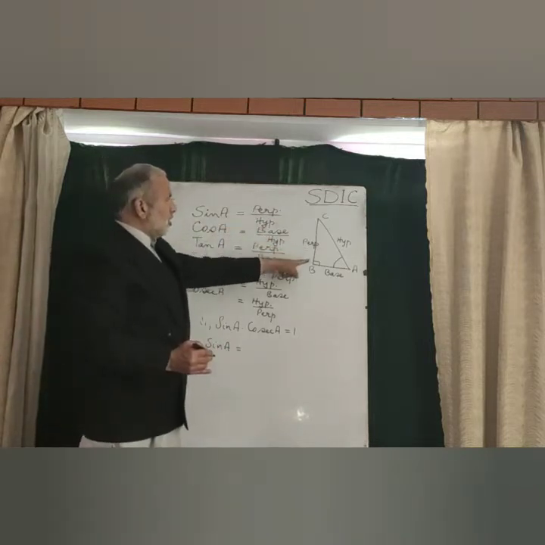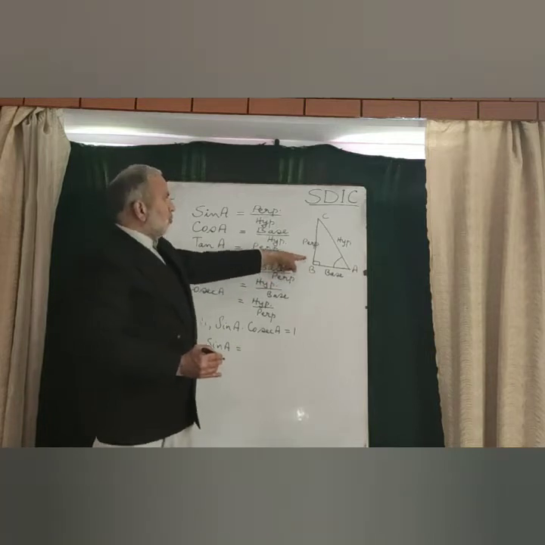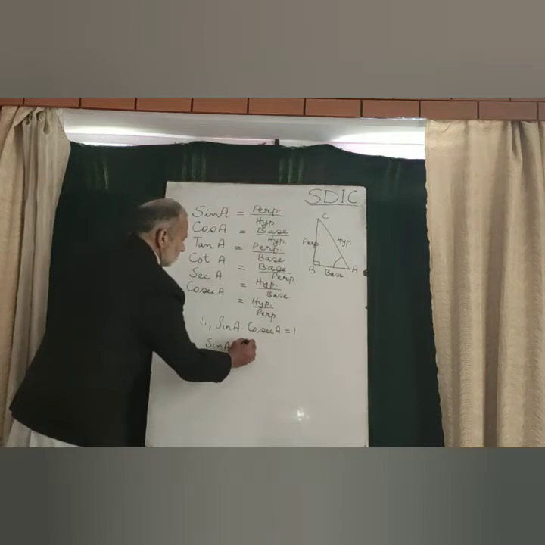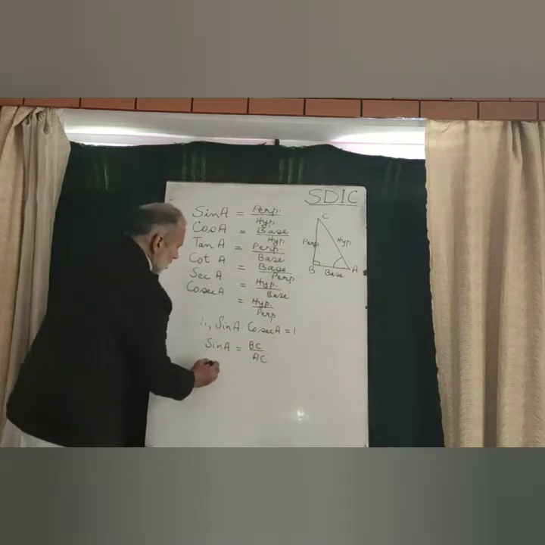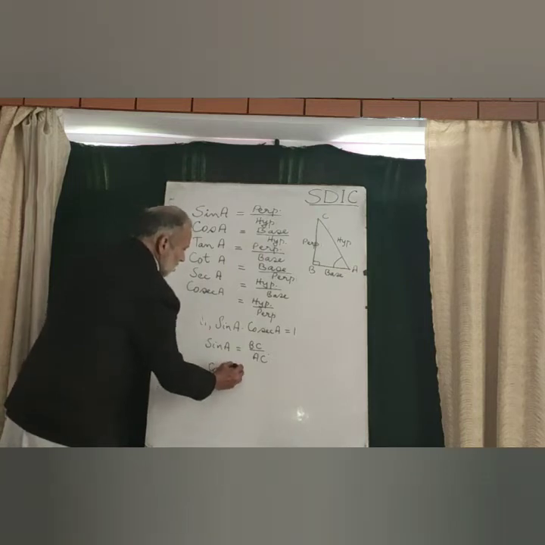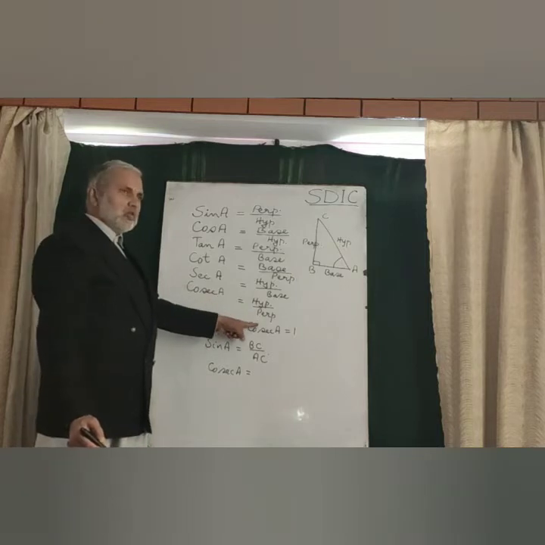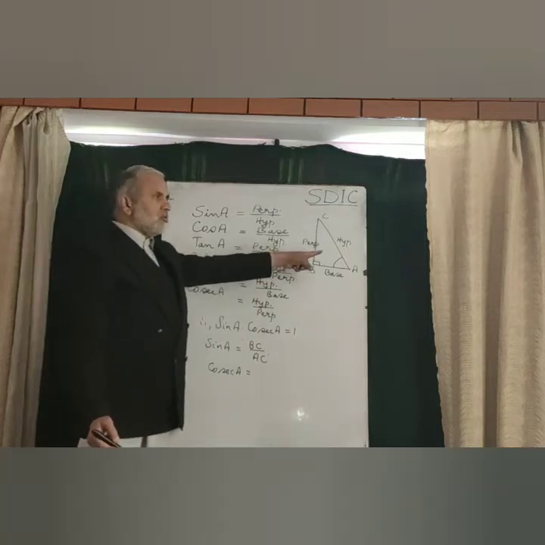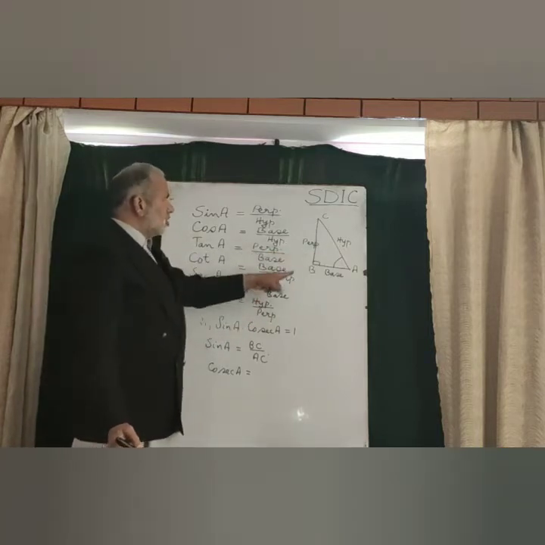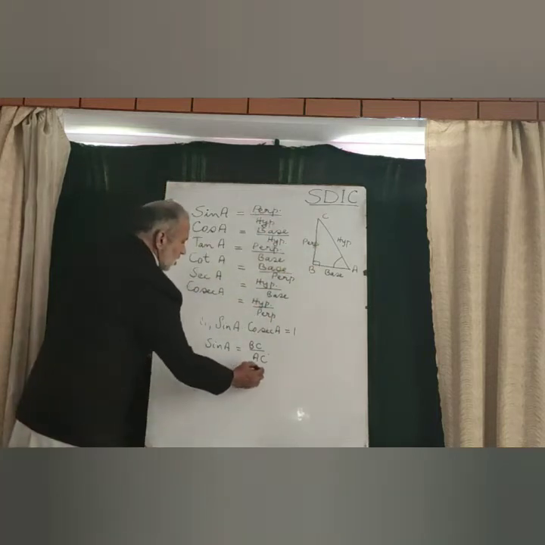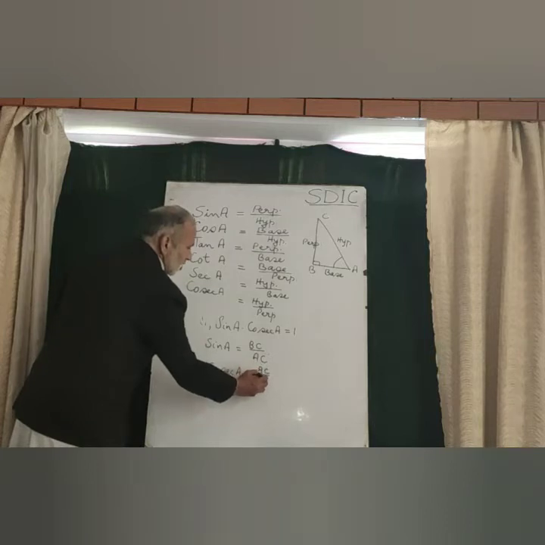What is the name of the perpendicular in the figure? BC. Hypotenuse is AC, so it is BC by AC. Then the definition of cosec A. Cosec A is hypotenuse by perpendicular. Identify their names in the figure. Hypotenuse is AC, perpendicular is BC, so it will be AC by BC.